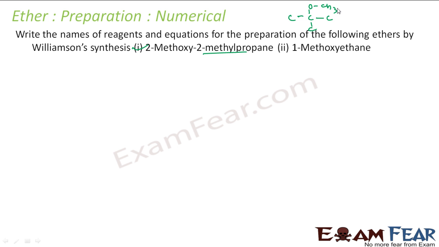So I have to form this. On one side I have tertiary, on the other side primary. Obviously primary I'll take with the halide, and the tertiary I'll have to take with ONa. So the reaction has to be something like this.